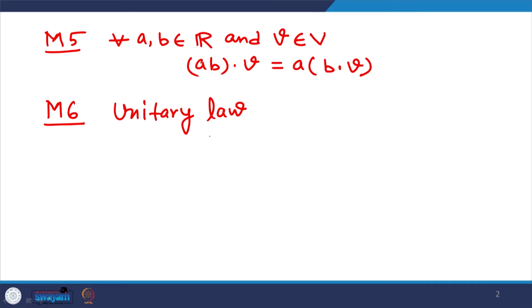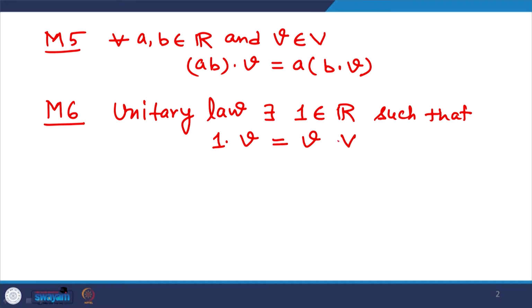So, there exists 1 belongs to R such that if you multiply this identity scalar with any vector v belongs to V, then this equals v for all v belongs to capital V. So, if a set of vectors V satisfy all these 6 properties with respect to these two operations, then we say that V together with these two operations is a vector space.